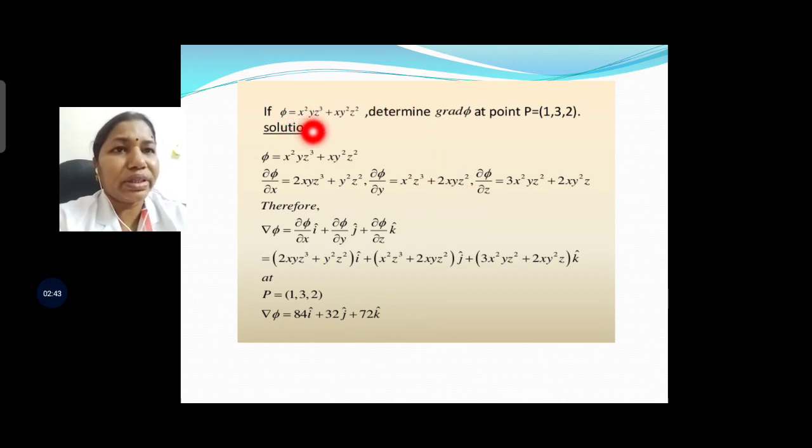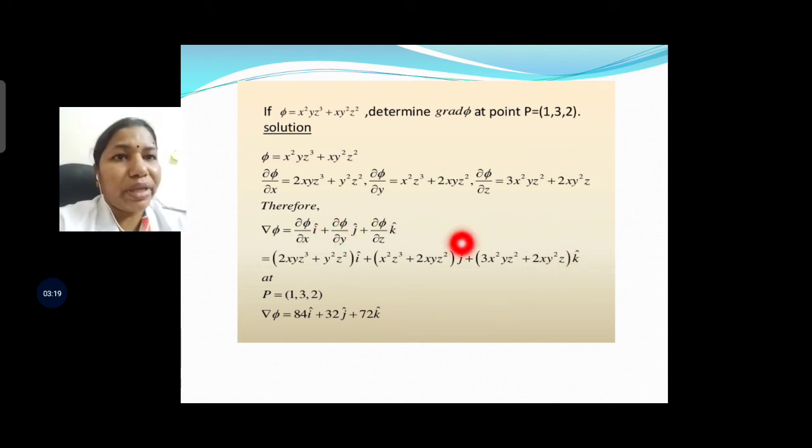For z, x square y into 3z square, x y square 2z, so 2zxy square. So del phi is equal to dou phi by dou x i, dou phi by dou y j, dou phi by dou z k. So here (2xyz cube plus y square z square) i, (x square z cube plus 2xyz square) j, (3x square y z square plus 2xy square z) k.